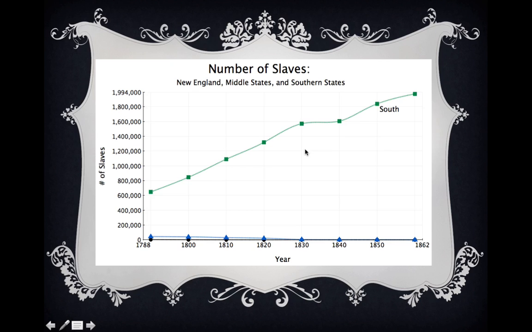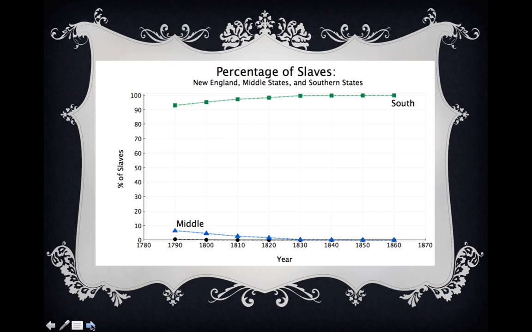So just realize the relative importance of slavery between the different regions, New England, the Middle states, and the Southern states. By far, slave agriculture was much more important in the Southern states compared to the other regions of the United States. And this is just illustrating this point: you can see that even from 1790, over 90% of the slaves in the United States were in the Southern colonies.